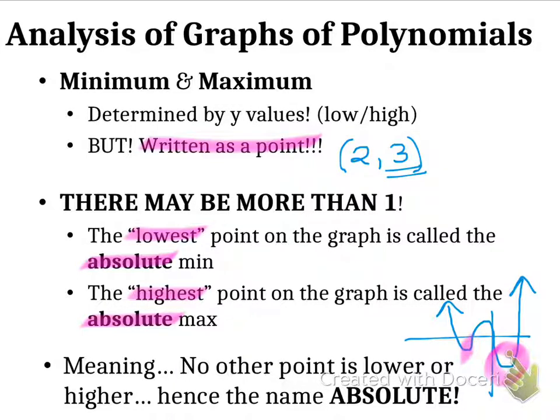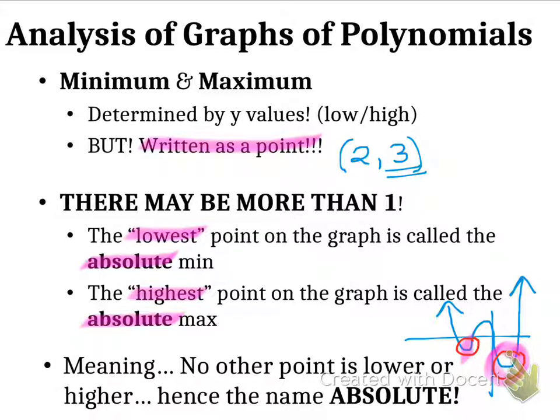That is lower than the first one I identified, so that one I circled is considered an absolute minimum. Okay? However, if you look at this point right here, this minimum, we still call it relative, and this one we still call relative, but then we go one step further and call that one absolute.